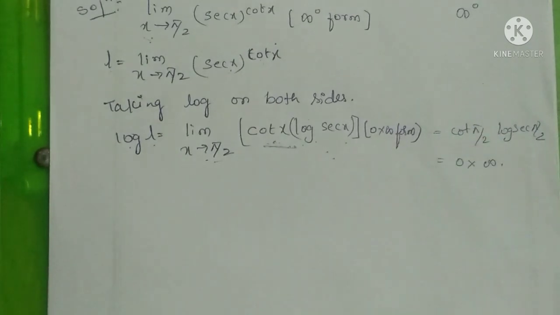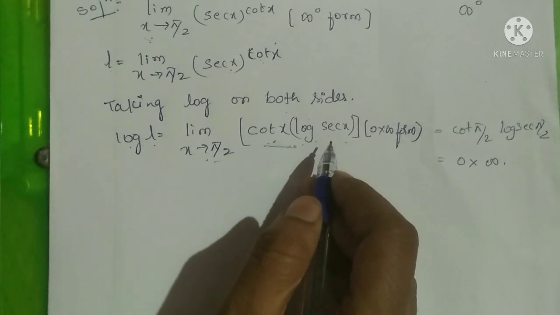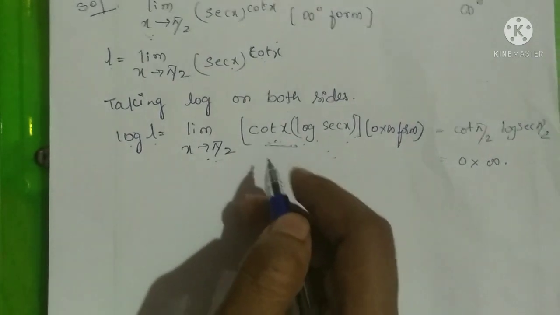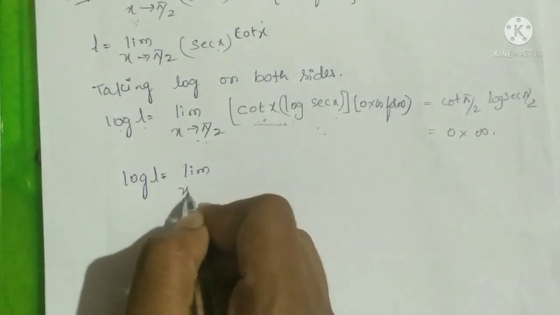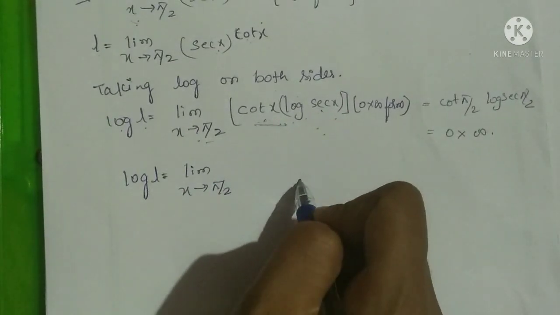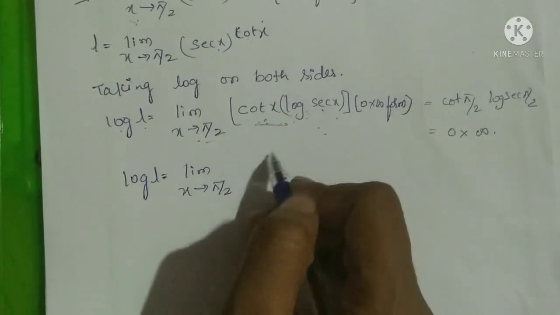When you have 0 into infinity form, you have to convert it into either infinity by infinity form or 0 by 0 form. So log L equals limit x tends to pi by 2. Since log secant x cannot be brought to the denominator, cot x can be brought to the denominator.